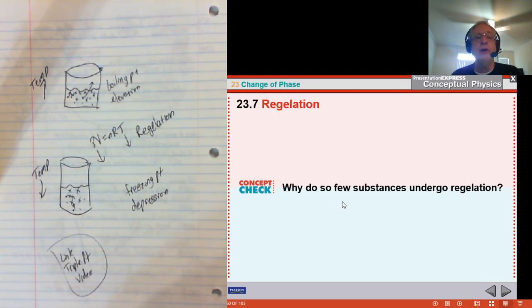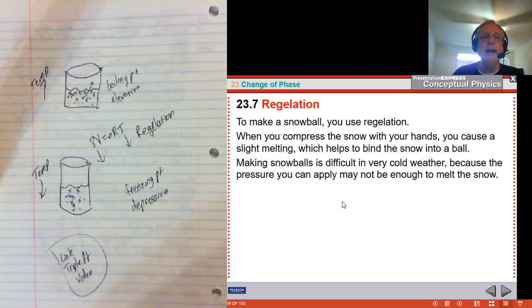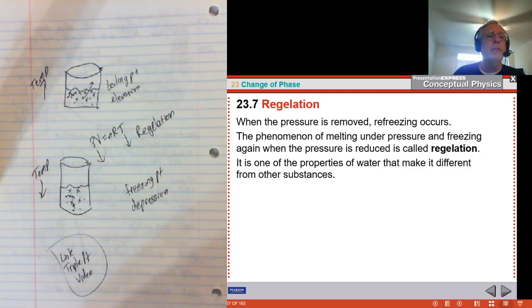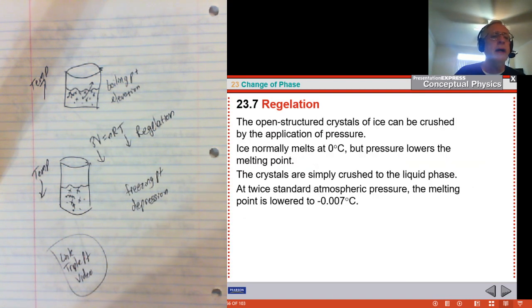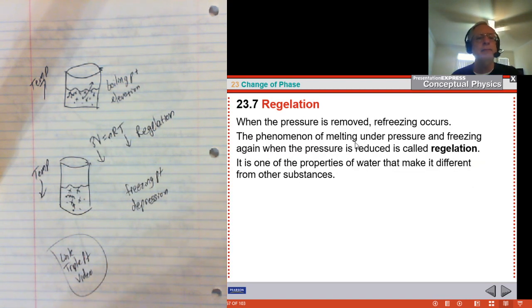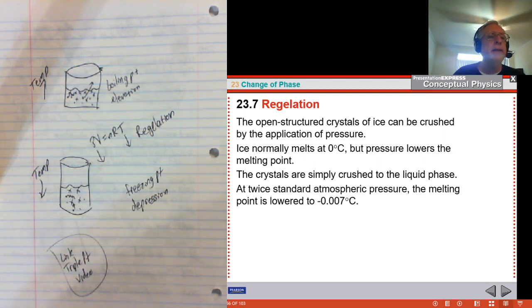So why do so few substances undergo regelation? Well, the reason for this is you really have to have this open structured crystal. So you have to have something like water where the solid is lower density than the liquid.